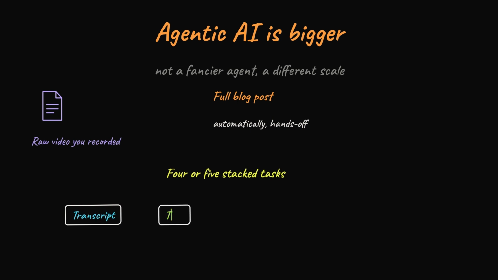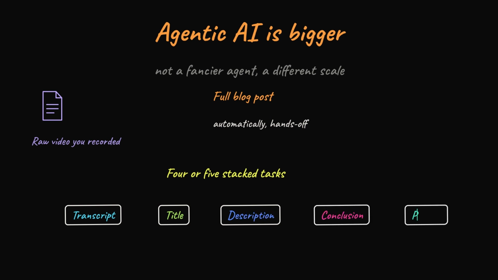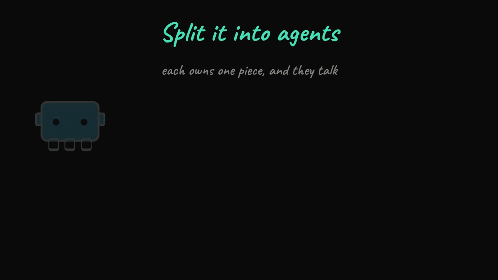Pull the transcript from the video, generate a title from that transcript. Write a description, draft a conclusion, maybe even format it and publish it to your site. You could try to cram all of that into one giant agent, but it works a lot better and honestly a lot more reliably if you split it into separate agents that each own one piece of the job.